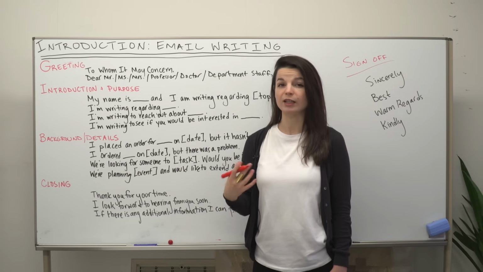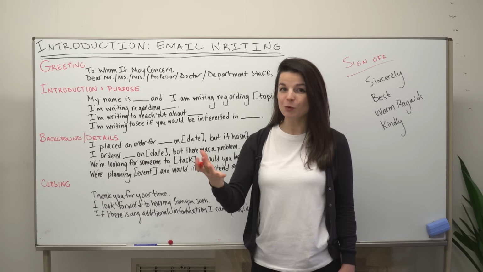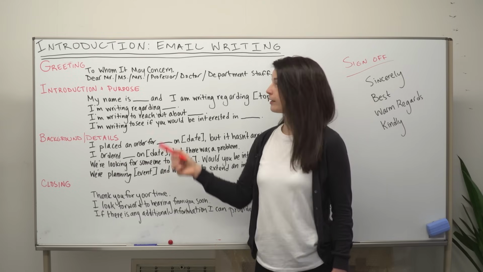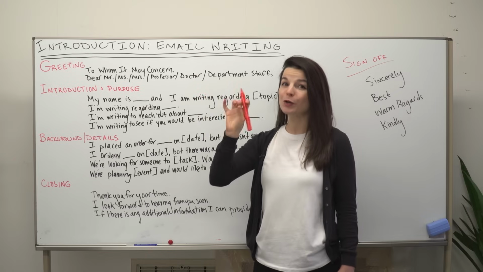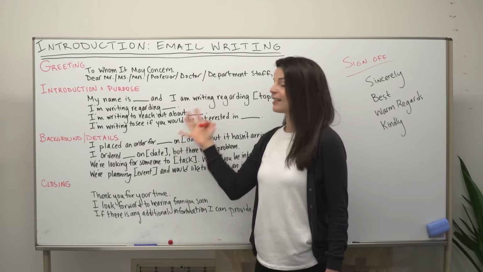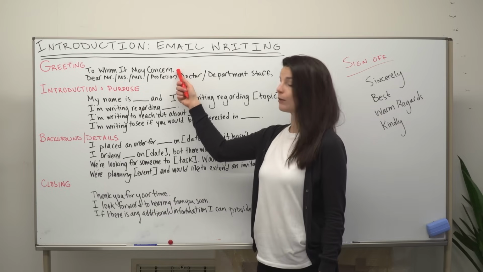To whom it may concern just means the person related. So this email is to the person related to this inquiry, to this question. So it just means, in other words, I don't know who to address this email to, but please give it to the proper person, the appropriate person. This is a polite way to say that.